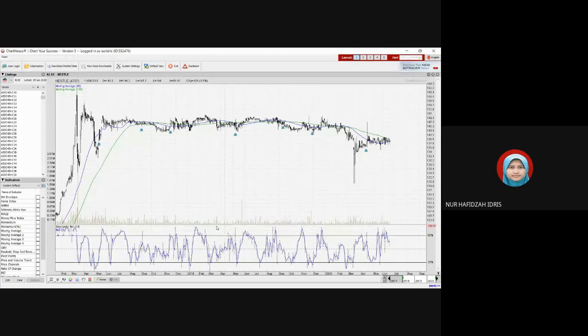So it is indicator of selling. Okay, to reconfirm, you tengok the cross line between K and D line. Okay, so itu pun akan menunjukkan yang kita akan sell.